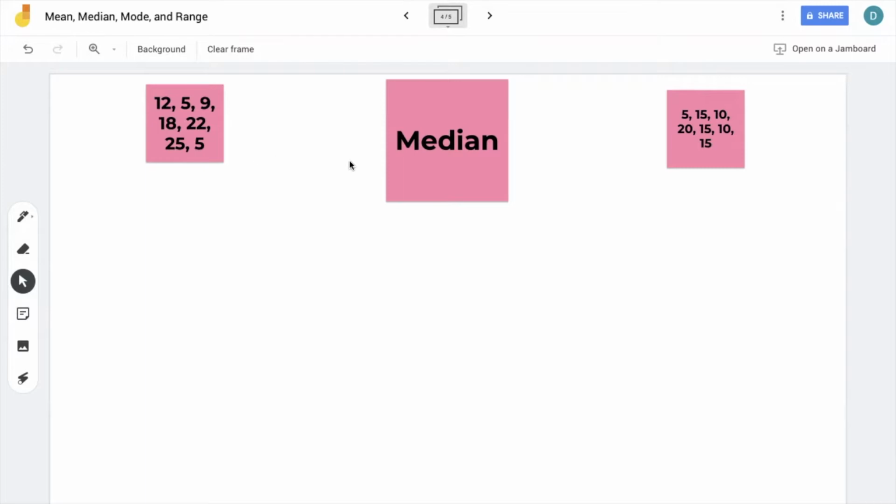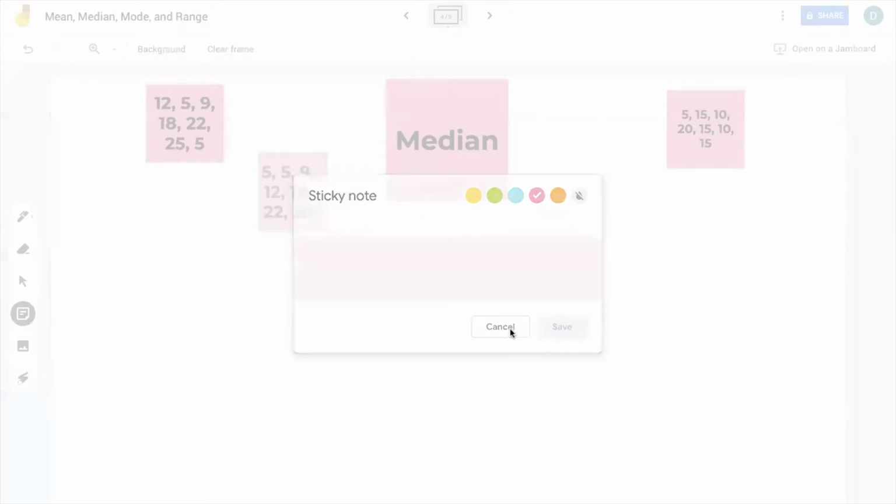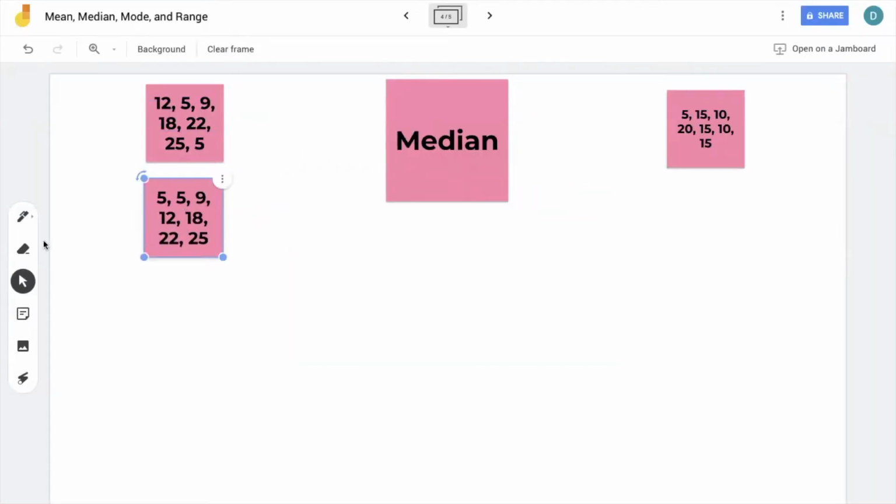So the first thing that you want to do to find the median is reorganize your numbers so that they are in numerical order. So we're going to reorganize the first set. We'll make it 5, 5, 9, 12, 18, 22, and 25. And what you'll do is you will cross out the least and the greatest, and then do it again.